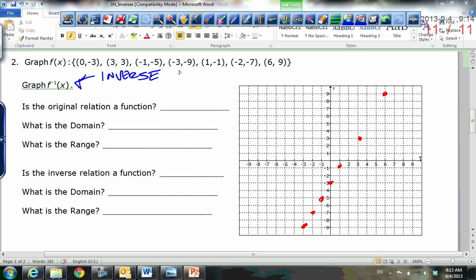Let's connect our dots, by the way, for my red up there. It does say f of x, so we can go ahead and connect all those. All right, so we're graphing the inverse. Instead of being at 0, -3, I'm going to be at -3, 0.